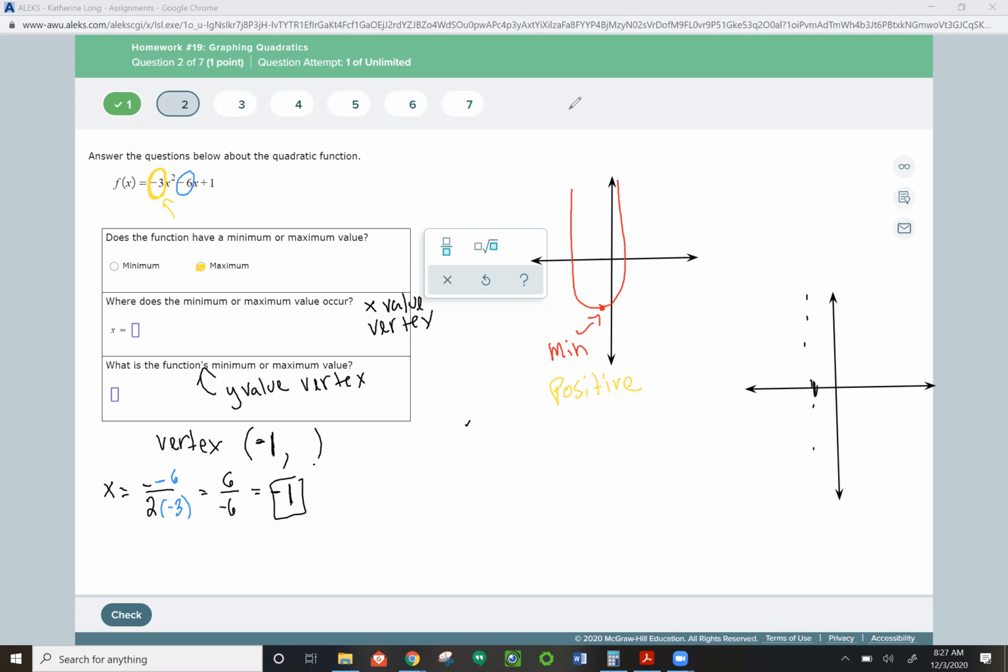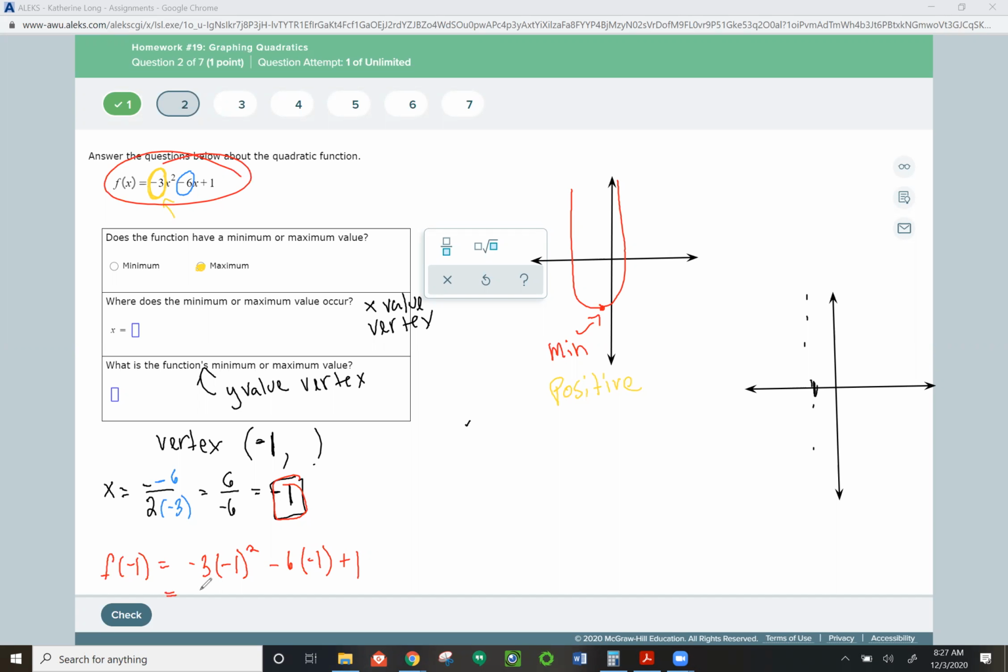So the y value, what you do is you take this -1 and you plug it in. So I'm going to say f of -1 equals -3 times -1 squared minus 6 times -1 plus 1. I just took my equation up there and I plugged in -1.